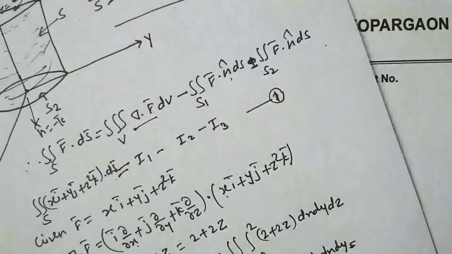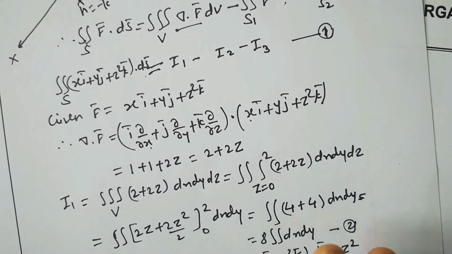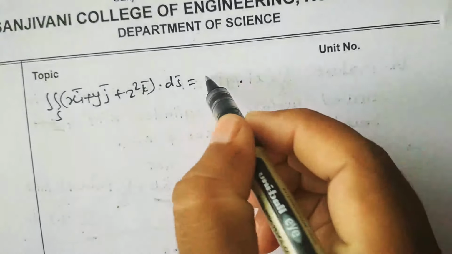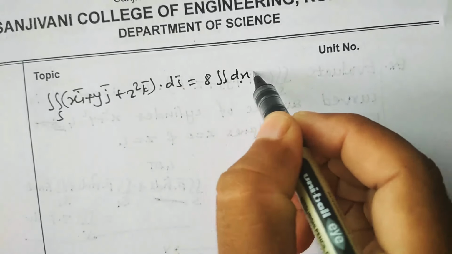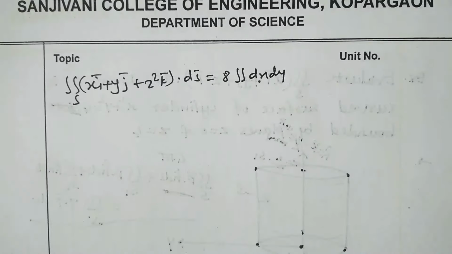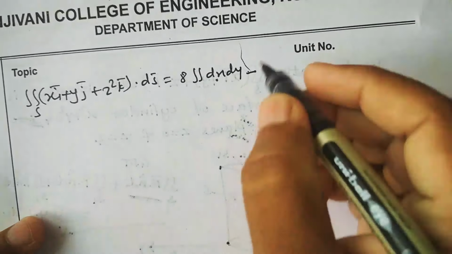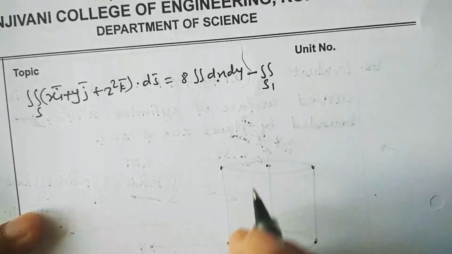The value of I1, in equation number 2, is 8 times double integration dx dy. So put here the value of I1, 8 times double integration dx dy, plus, or sorry, minus I2. Value of I2 is double integration over surface S1 of F bar dot n cap.